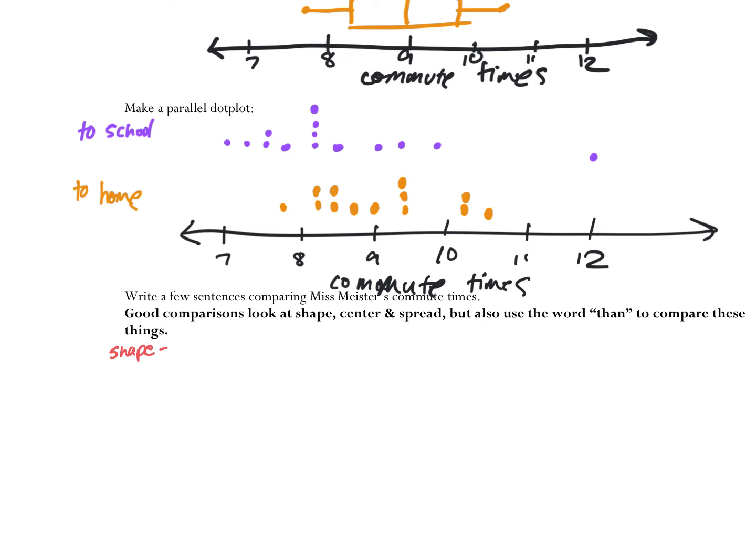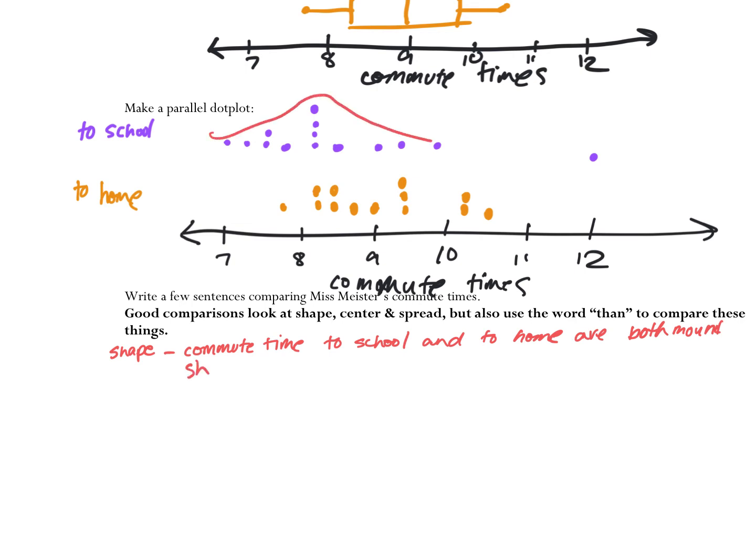I would probably say something like both the commute times, both to school and from school, are both unimodal or both mound shaped, because they really kind of are.